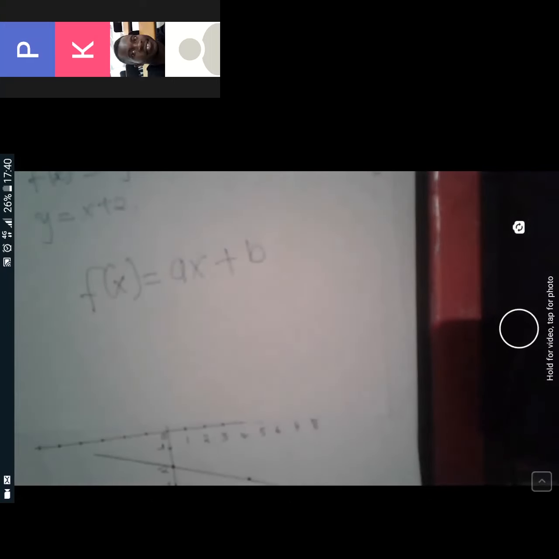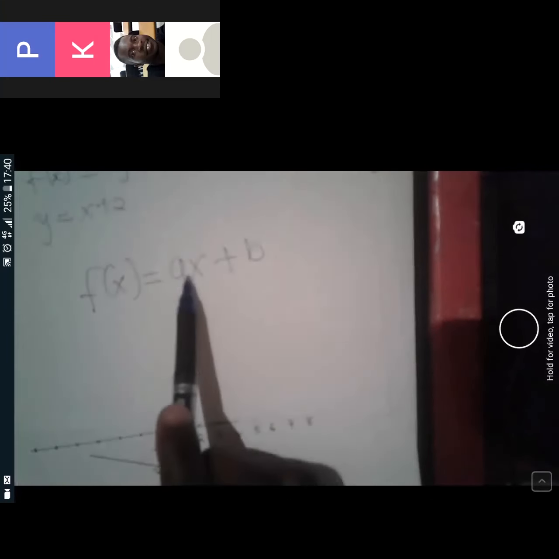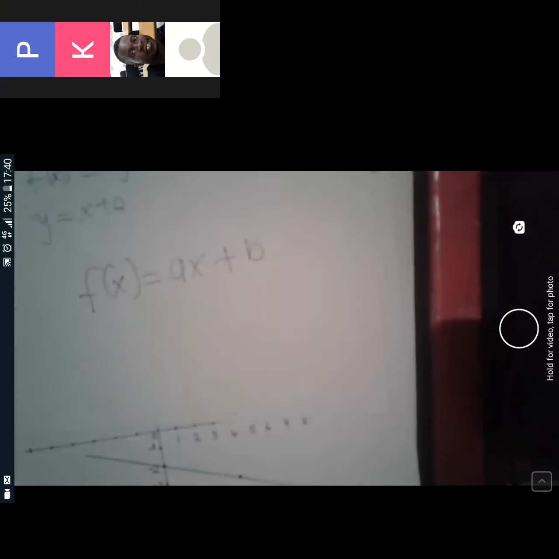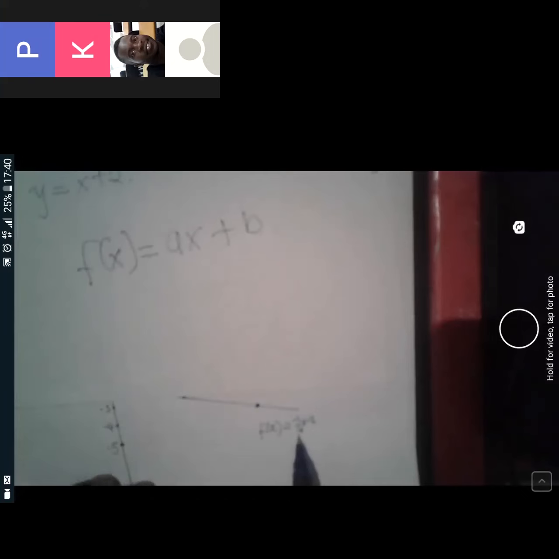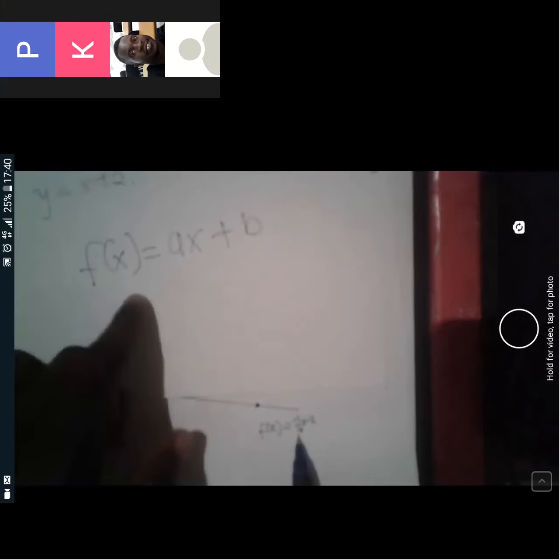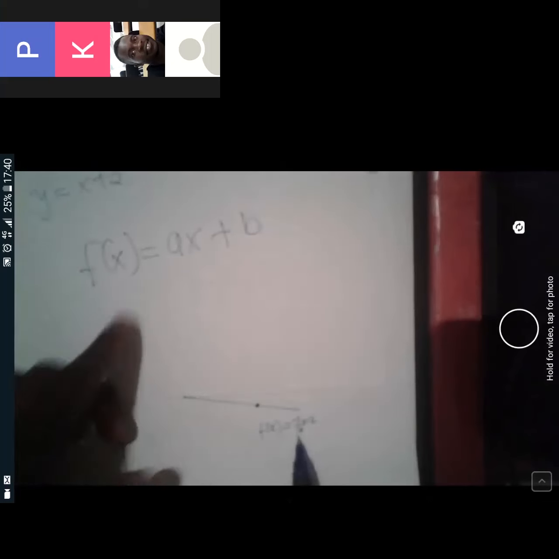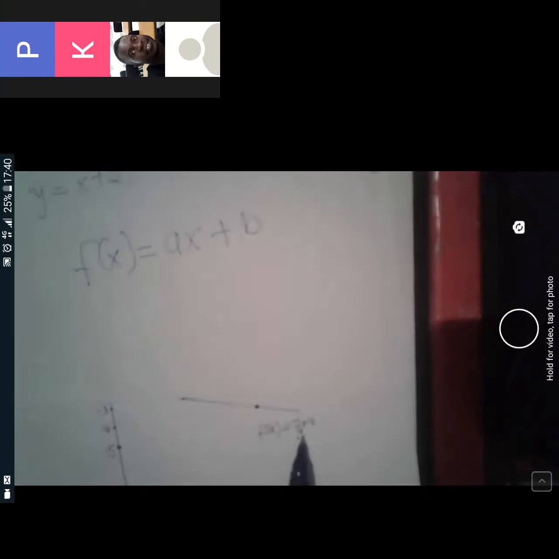When you compare this with our example, our a in this example is what? This is the standard form of a linear function. So our a in this case is -1/4. Then we have the x, then plus b. The b is a negative number. That's why we have a -2 there.